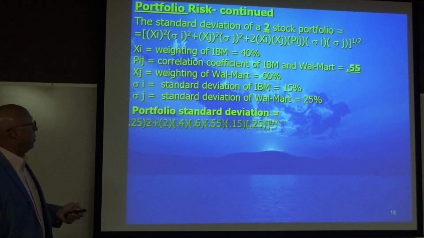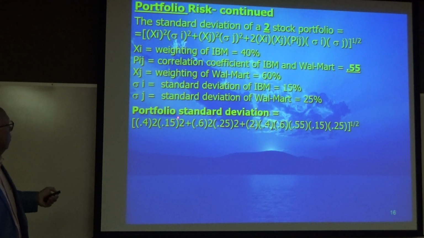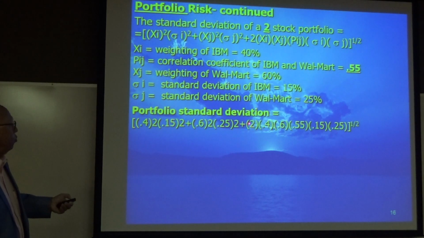The portfolio standard deviation is the weight of IBM times the standard deviation of IBM plus the weight of Walmart, and I don't know why these twos are in here. Oh, this is raised, this is squared. These numbers should be squared.